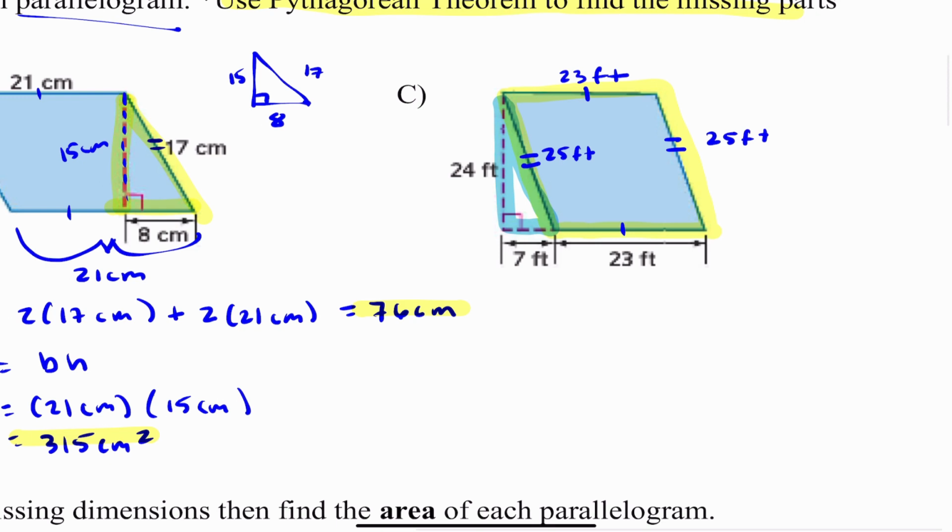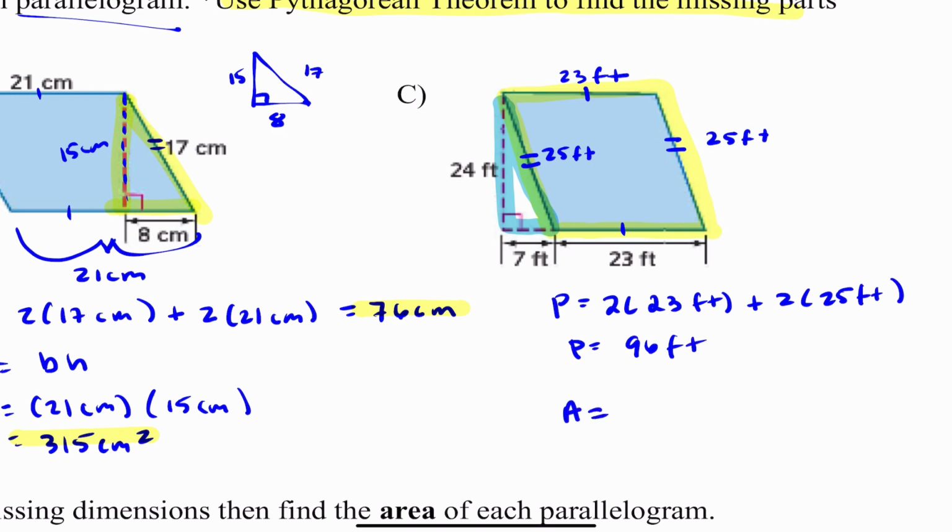So I can add up all the sides now. P is equal to two 23s, or 2 times 23 feet, plus 2 times 25 feet. So P is equal to 96 feet.